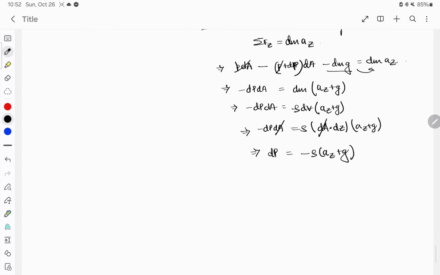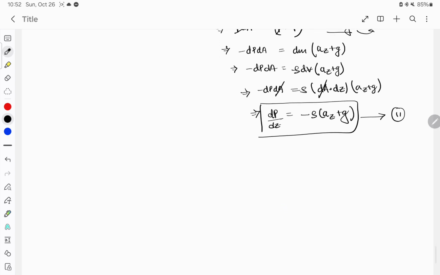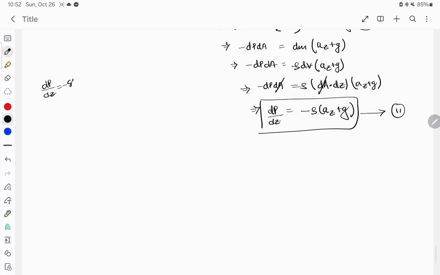So previously, when we solved for static fluid, we got dP by dz is equal to minus of gamma. Minus of gamma is what? Rho into g. You can see that minus of rho into g is still there, but another thing is coming, az.